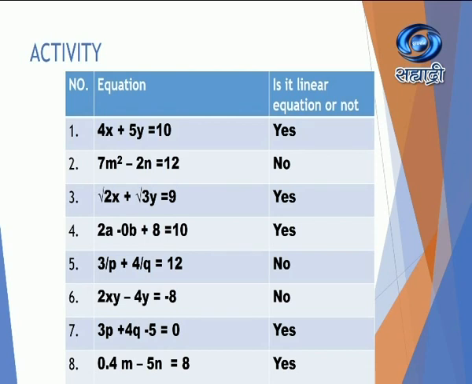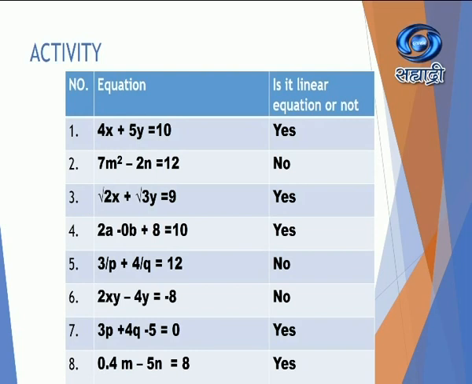The second equation is 7m² - 2n = 12. Now here the degree of m is 2 and therefore it is not a linear equation. Third is √2x + √3y = 9. Yes, it is a linear equation.